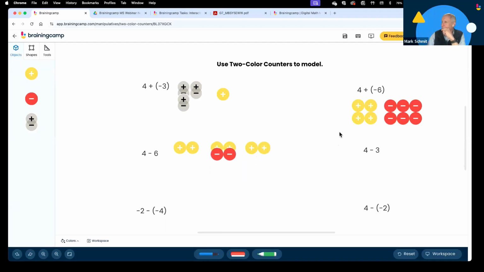I get my zero pairs there. Now we can begin to have those conversations about that definition of subtraction.